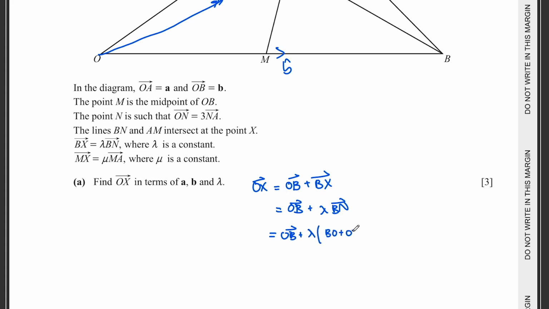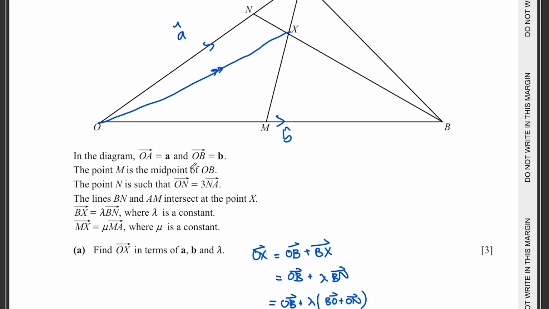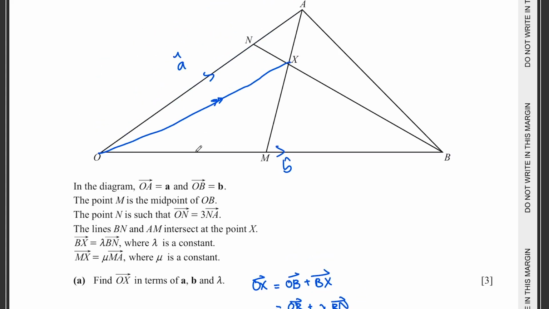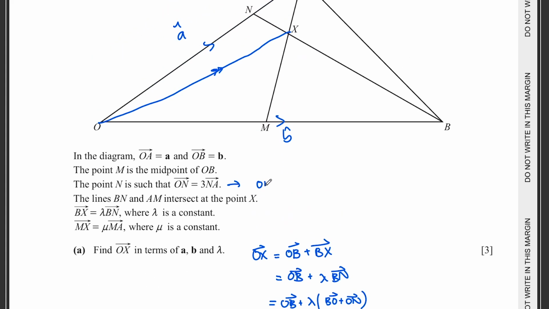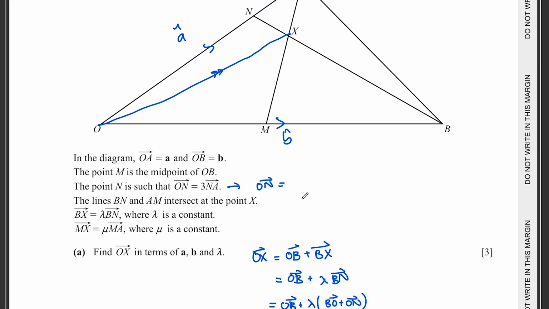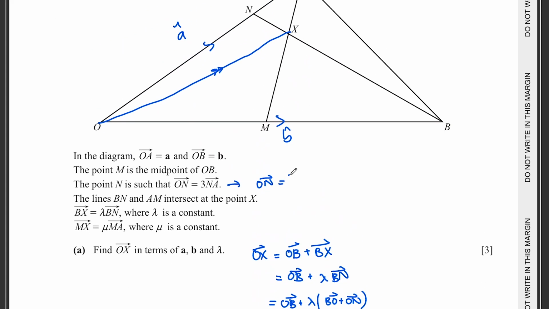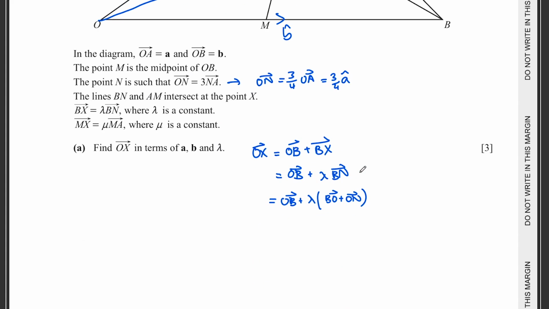ON we know is 3/4 of OA, which is 3/4 of a, right?